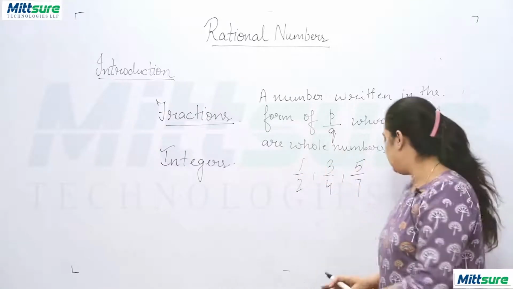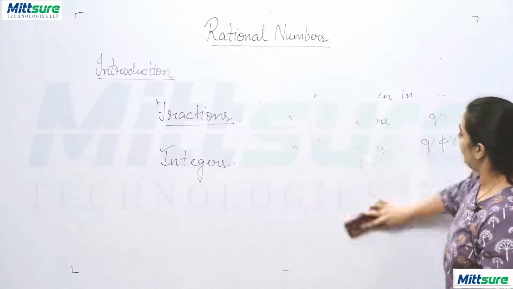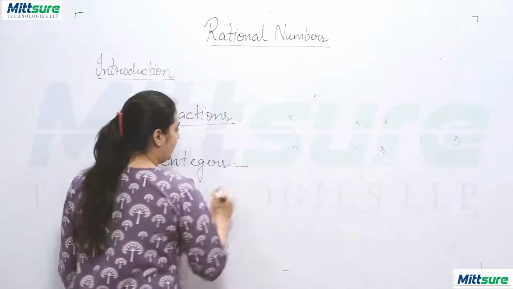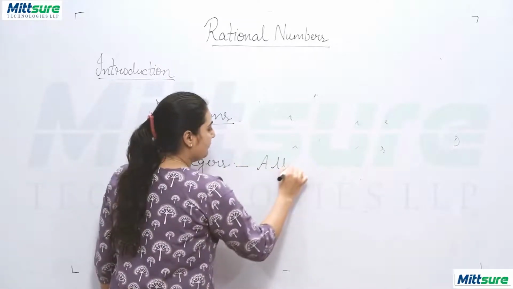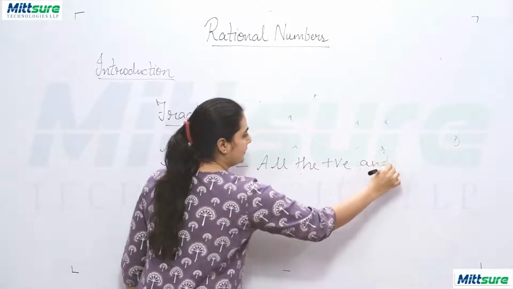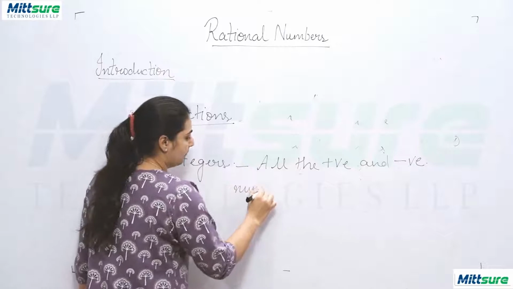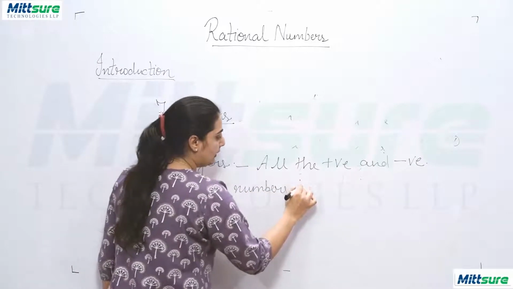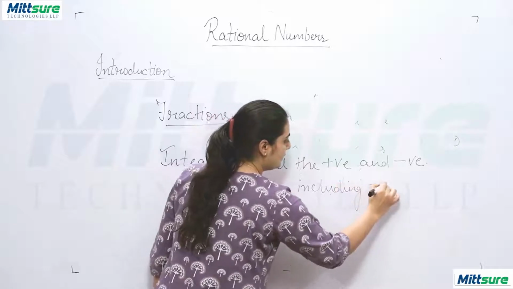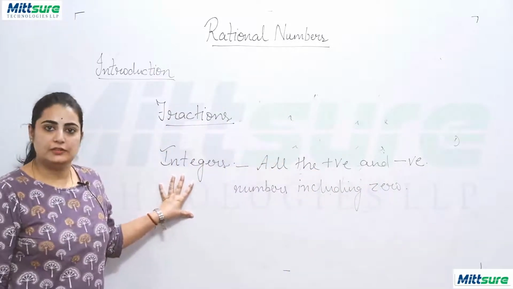Let's come to integers. Integers are all the positive and negative numbers, including 0. This is what you have learnt about the integers, right?